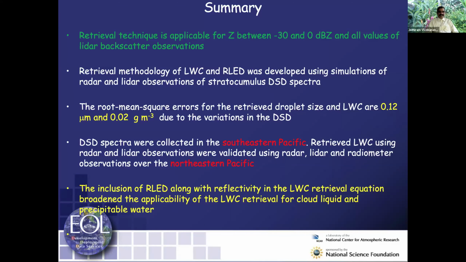As long as you have radar measurements, you can apply this technique and come up with droplet size and liquid water content. This is possible because we use two measurements, radar and lidar, to estimate droplet size. That in turn helped to retrieve liquid water content over broad dBZ values and lidar observations.